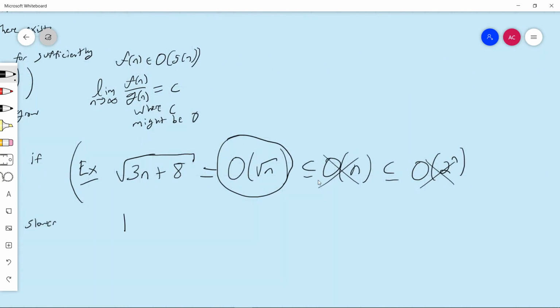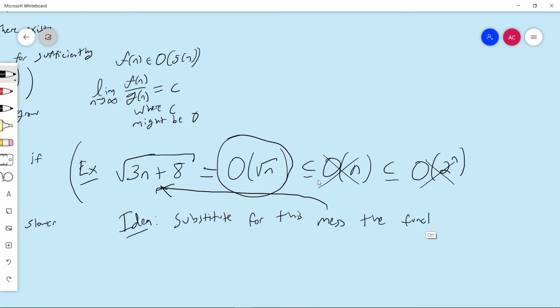So the idea is to substitute for this mess, with all the constants and weird stuff and specificity going on, the simplest function which has the same growth rate as what we care about, in the sense that we care about it.